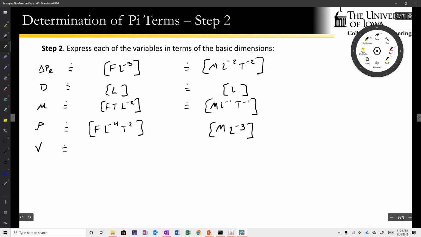And then velocity is length time to the -1 in either system.